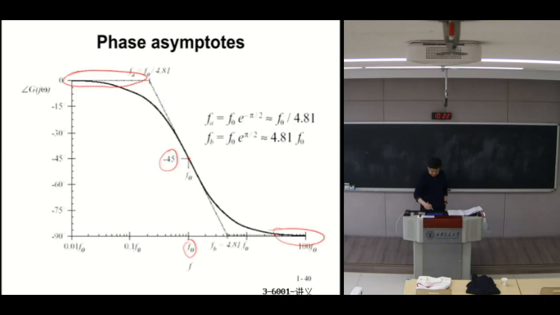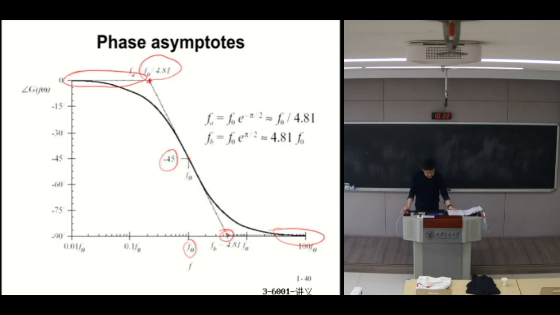Then we extend that tangent line. It will intersect with the flat line at 0 degrees, and also with the flat line at minus 90 degrees, at these 2 points. And these 2 points can be calculated. We found that the low frequency intersection point is exactly F0 divided by 4.81, and the high frequency intersection point is 4.81 times F0.